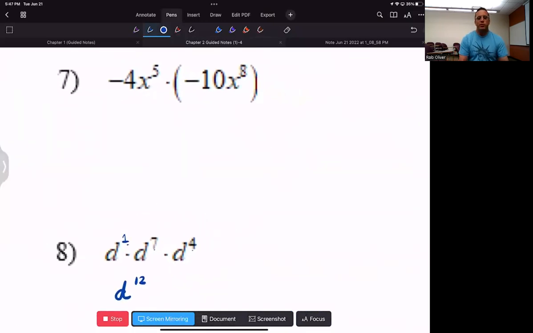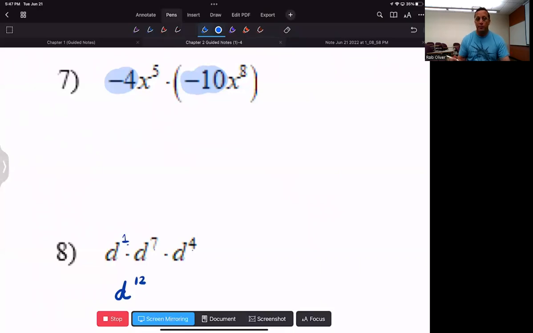All right, going on to number 7. Now, what you want to do here is it's important that you compartmentalize rules. So when it comes to the coefficients, like -4 is a coefficient and -10 is a coefficient, we multiply those like we normally would. Or if we're adding like terms, we would add or subtract those the way we normally would. So we're going to treat those like any other number.